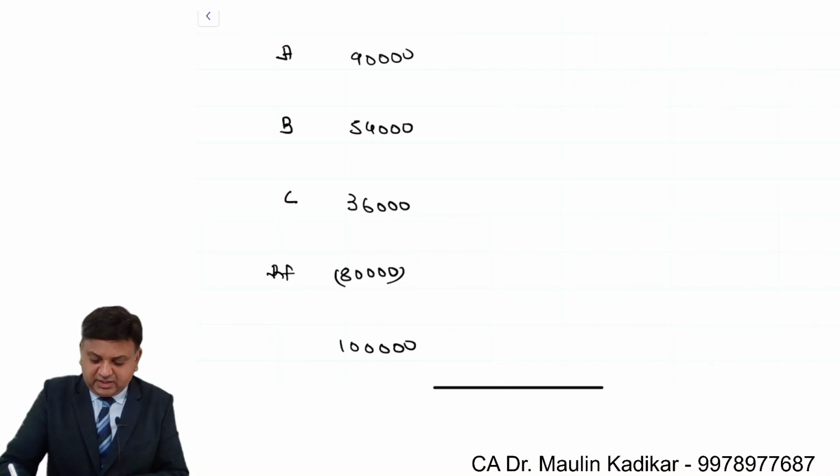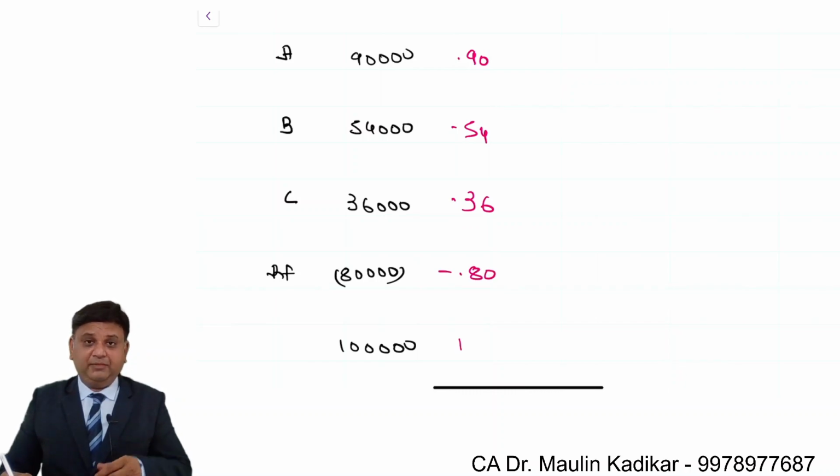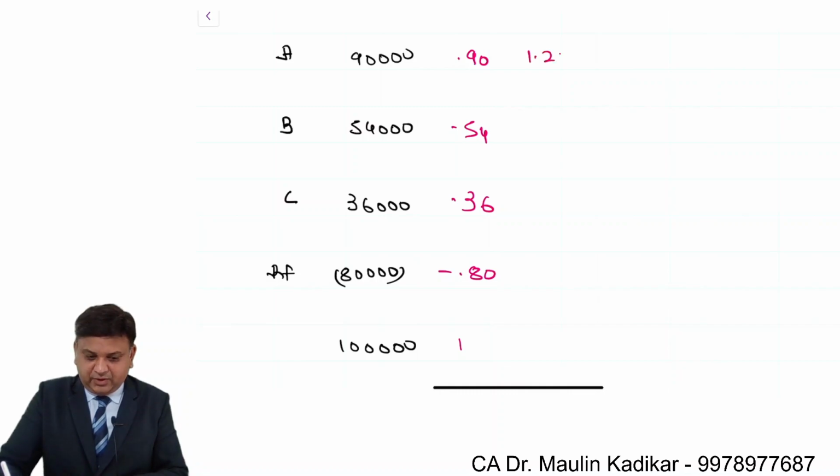So what would be the weights, dear students? 0.9, 0.54, 0.36, negative 0.8, and the total is 1. Multiply with the betas: 1.2, 1.5, 2, then 0.